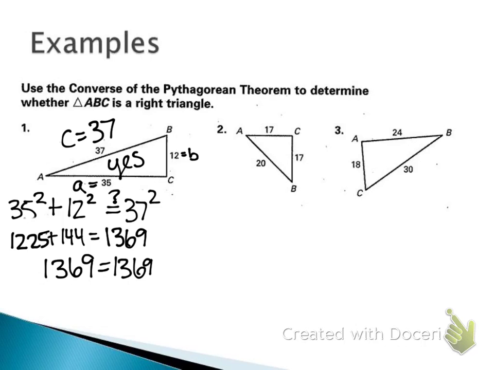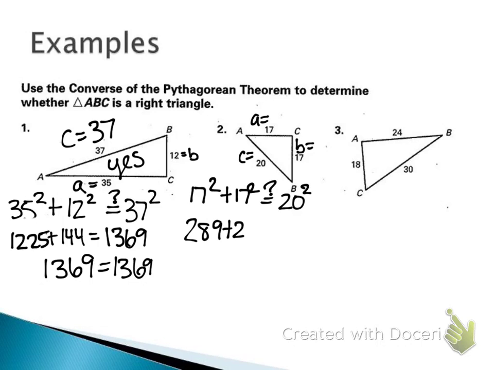On number 2 on this slide, what has to be C? 20. A and B are the same on this problem. 17 squared plus 17 squared. Does that equal 20 squared? What's 17 squared? 289 plus 289. What's 20 squared? 400.